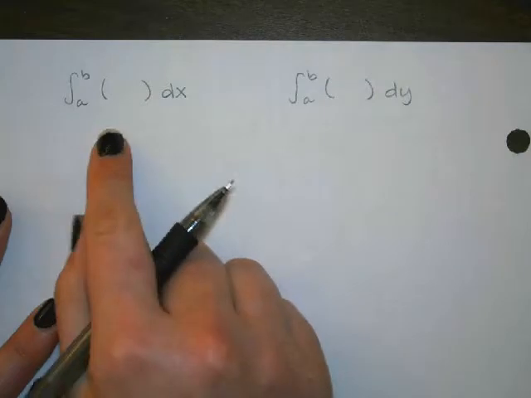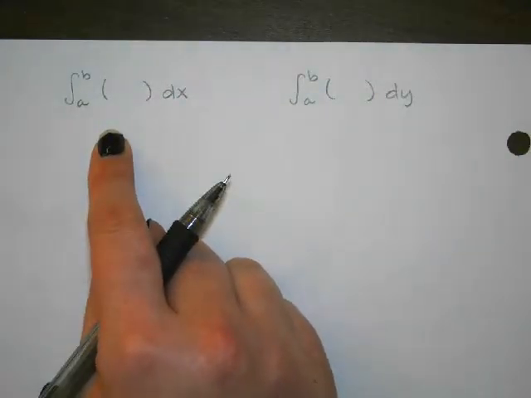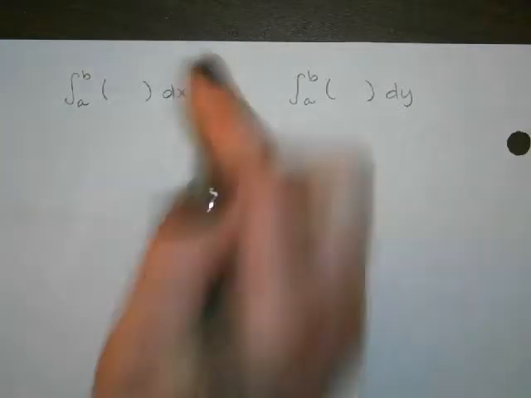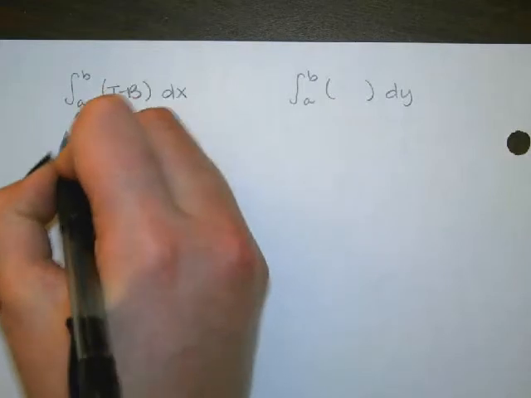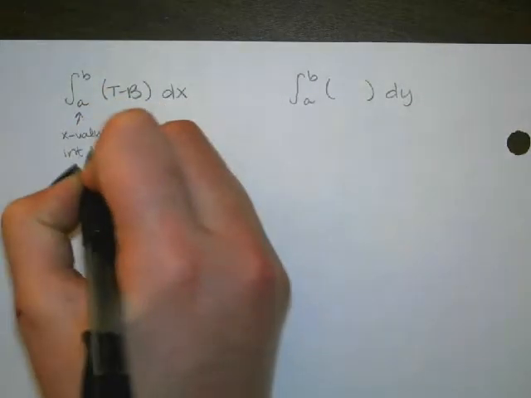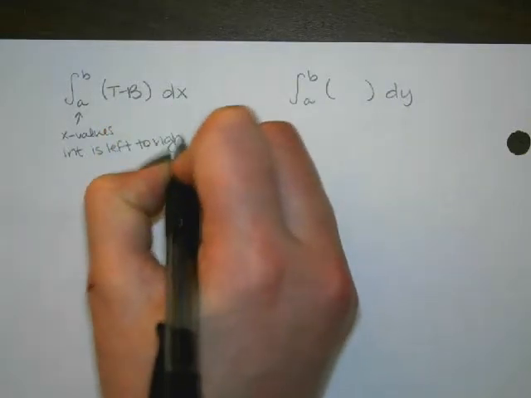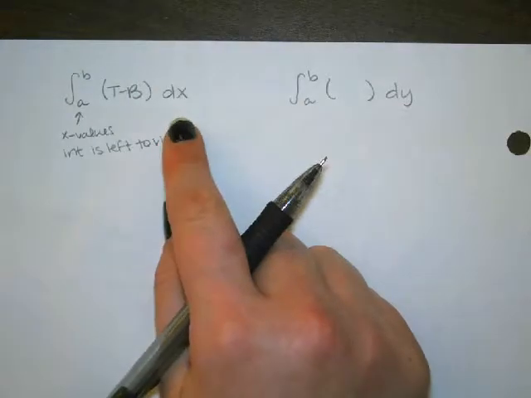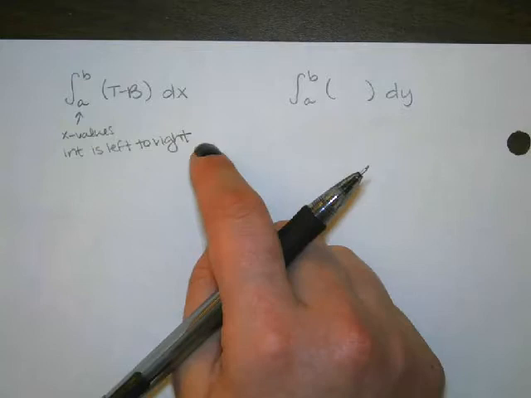And how do I know my problem is going to be in terms of x? It's top minus bottom dx. These are x values, so the interval is left to right. So this would be the problem that we're doing if this is a difference between two curves, right?